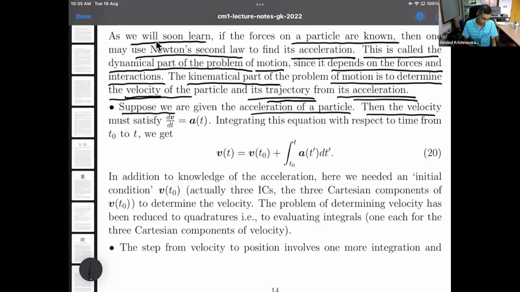Then the velocity must satisfy dv/dt = a(t). The acceleration is of course a vector, and it can depend on time. This is a basic observation, and our job is to solve this equation, which is a differential equation.